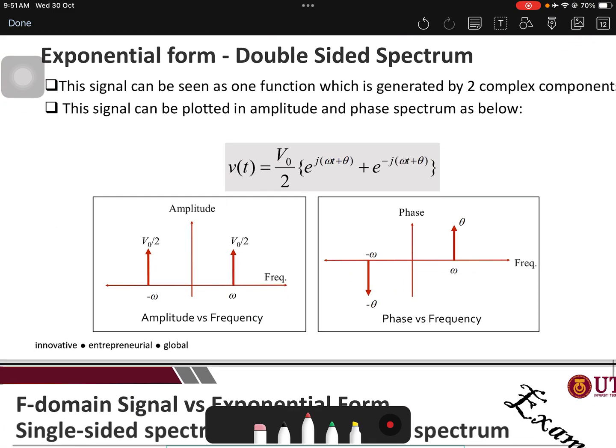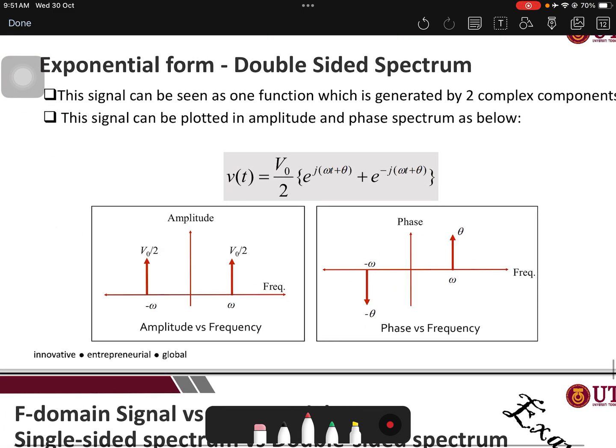From the exponential form, as I mentioned just now, you can represent the signal as a double-sided spectrum. This one belongs to the positive side and this one belongs to the negative side.